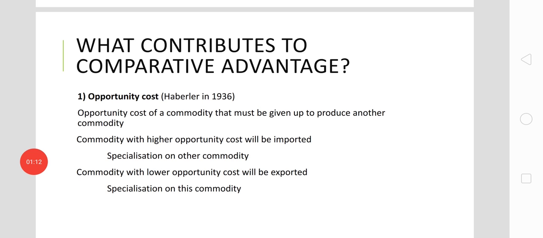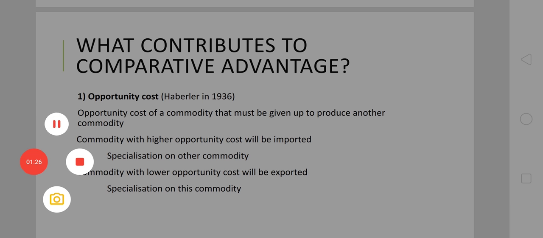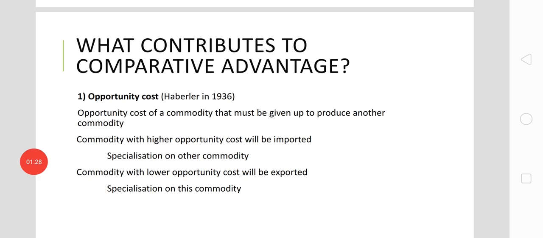So on the basis of opportunity cost, the comparative advantage can be measured. What does opportunity cost mean in the international trade scenario? Opportunity cost is not the real cost, or it is not the cost actually incurred by the nation.